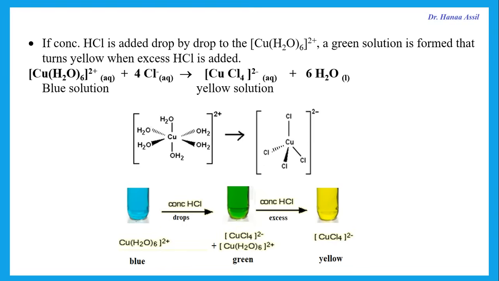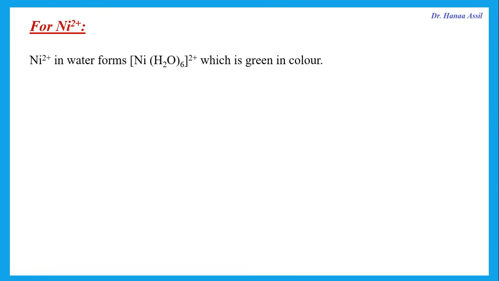And then with excess HCl, this forms the yellow copper chloride complex. So this is a tetrahedral structure with 4 chloride ions and an overall charge of 2- because the central ion has 2+. Each of the chlorides has 1 negative, so we have an overall of 2 negatives.